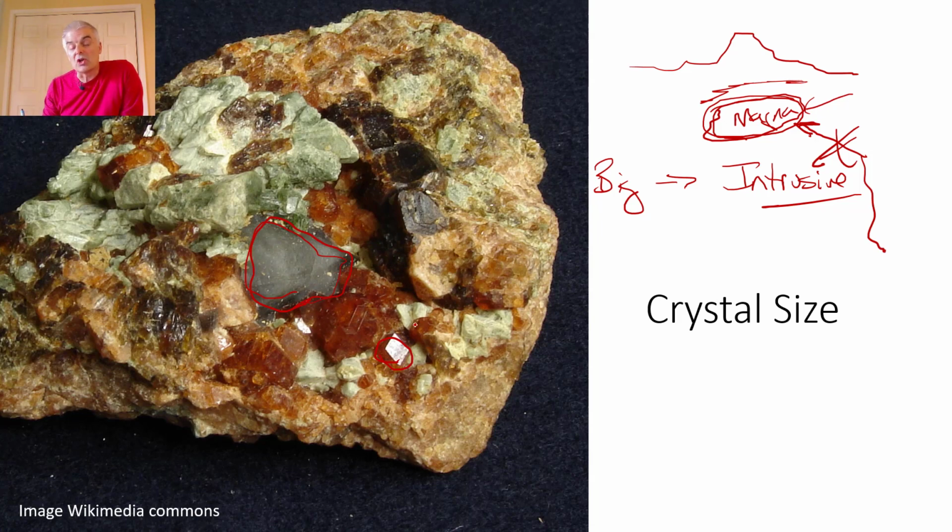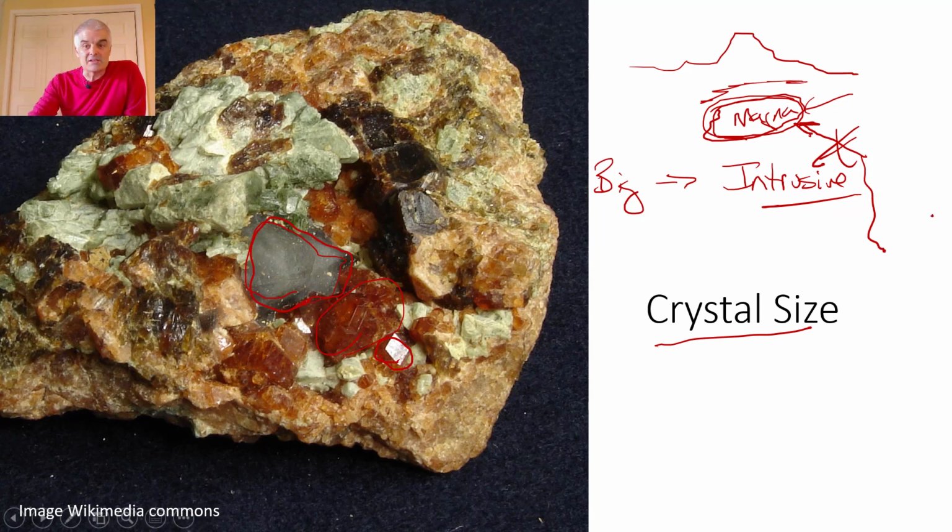And you'll get larger crystal sizes, and maybe you'll find a bunch of the right kind of crystal and be very rich, in something that's valuable for the planet or for making things. So if it cools slowly, that's an intrusive igneous rock, and therefore you're going to get large crystals.